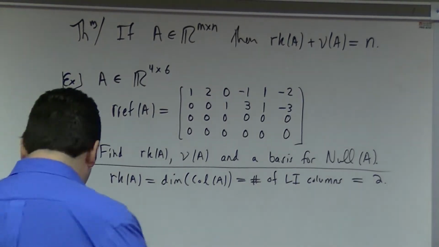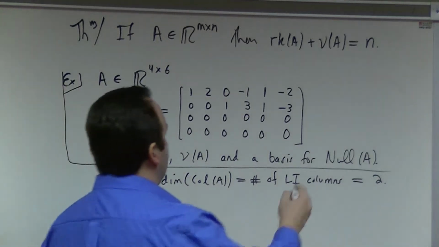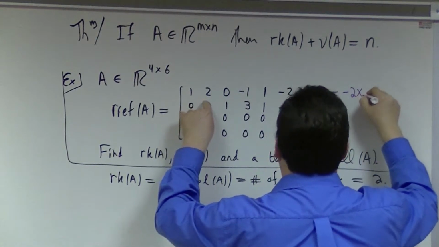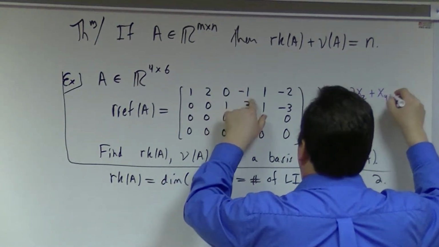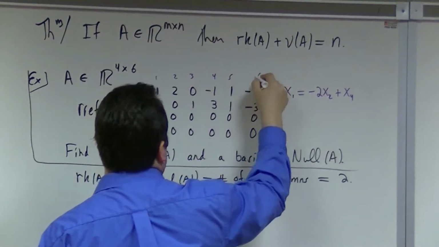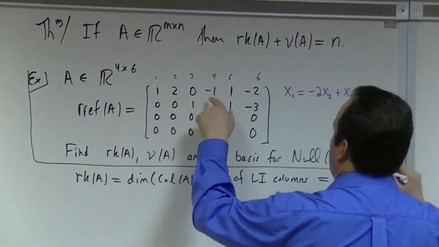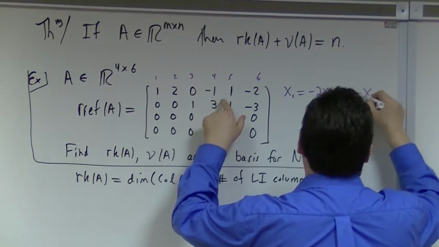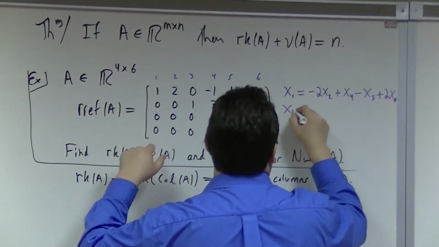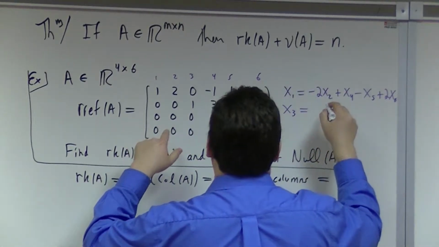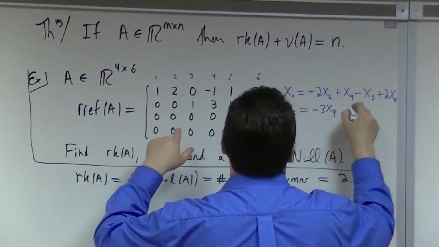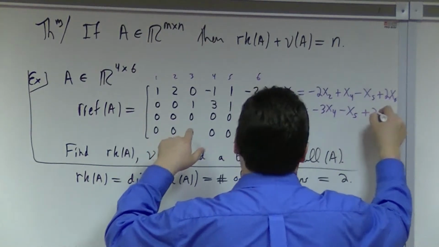So for this one, x1 equals minus 2x2 plus x4 minus x5 plus 2x6, and x3 equals minus 3x4 minus x5 plus 3x6.